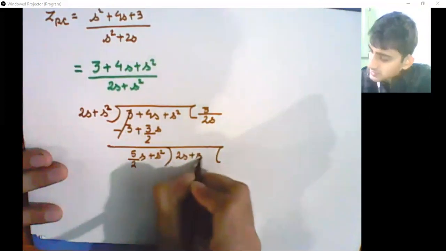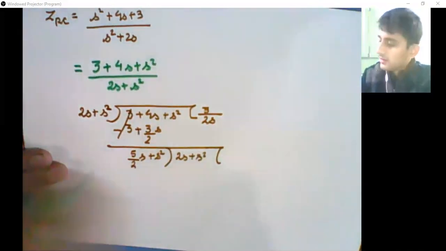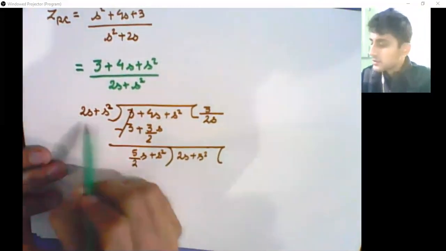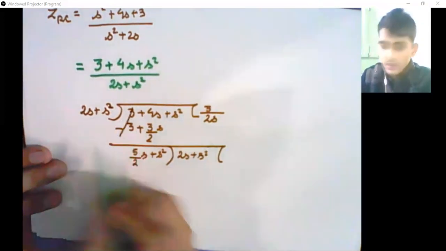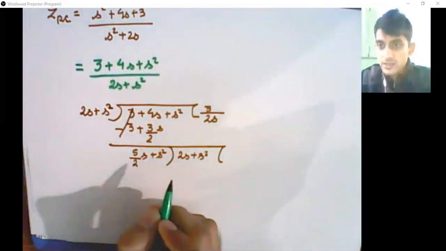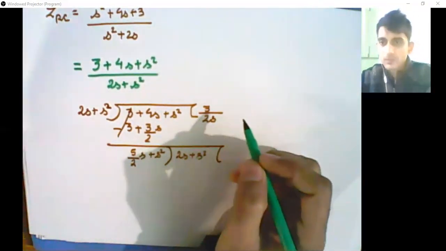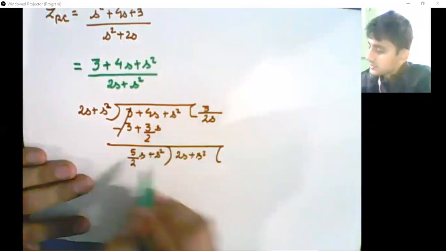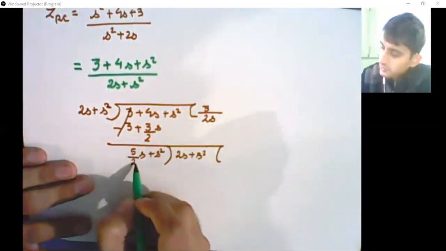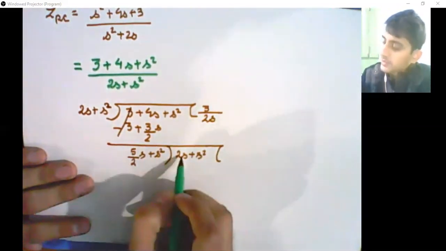2s plus s square. So now look, in the first attempt there was a difference in the degree. Now the degrees are the same, therefore I will get a constant. So first I got a capacitance, now I will get an element of impedance form. So you see that this is 5 by 2 into s, this is 2s.